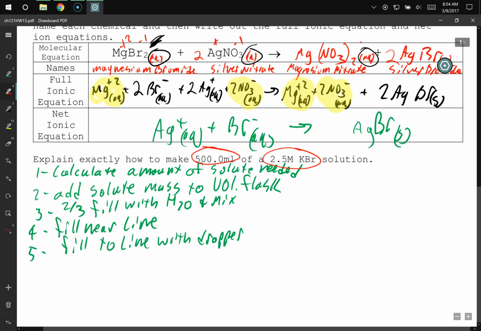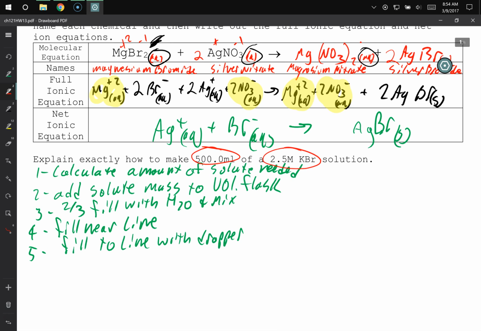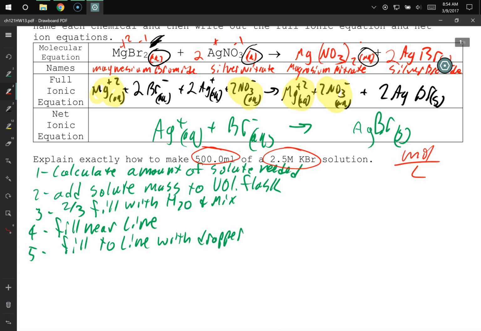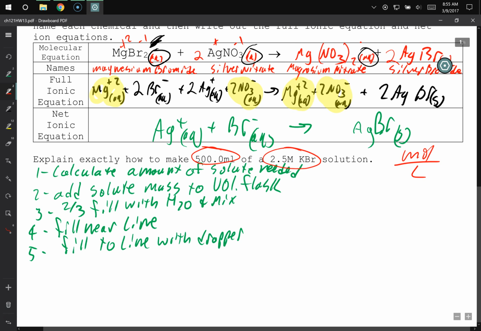I know I want the solution to be this concentrated. What's that capital M stand for? Moles over liters. I need grams though. So I don't have any grams up here. Where am I going to get the gram unit from? I'm going to get it from the periodic table.